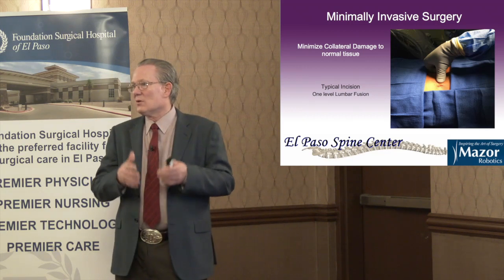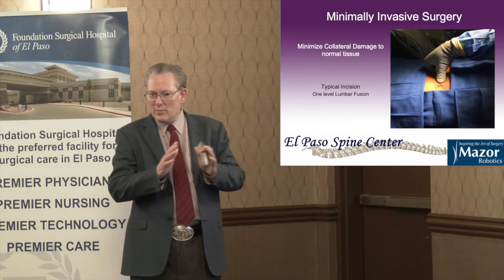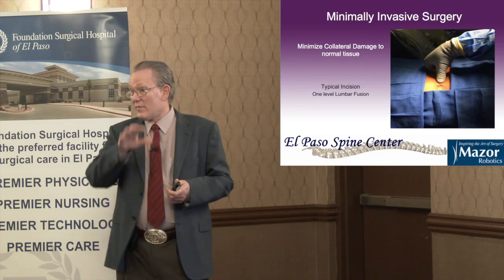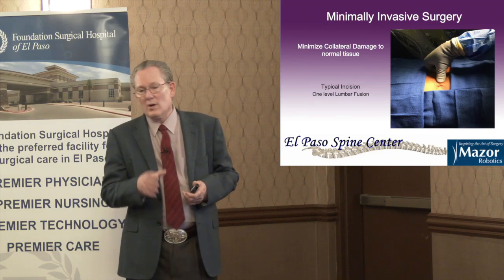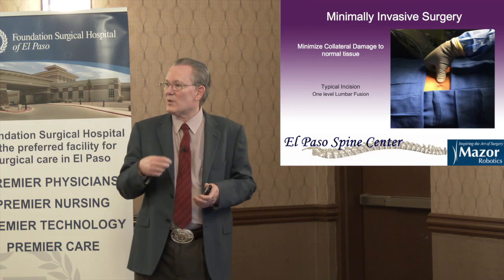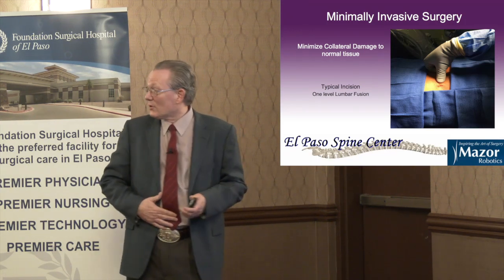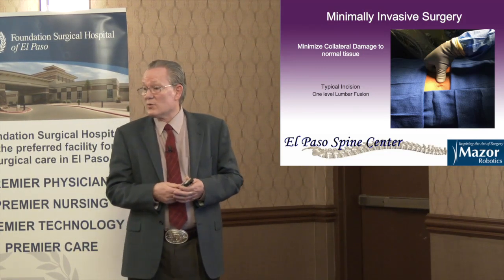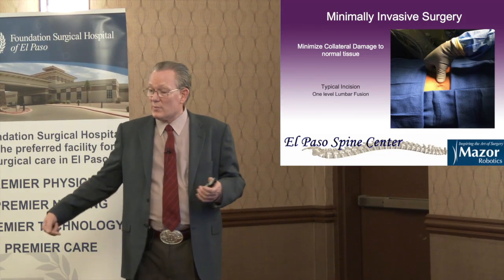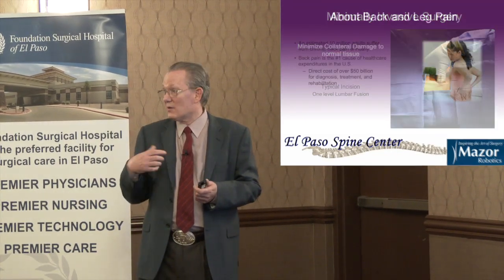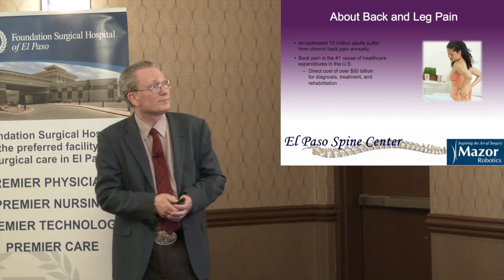You'd cut the muscle, ligaments, tendons, strip the muscle from the bone, do what they call a laminectomy, take off the back half of the spinal canal, move the nerves all out of the way, all in an attempt to get to the disc, which is actually closer to the front, as you'll see in a minute. So one of the things we'll do with minimally invasive surgery is pick the path on the body which is most direct to the area of pathology.